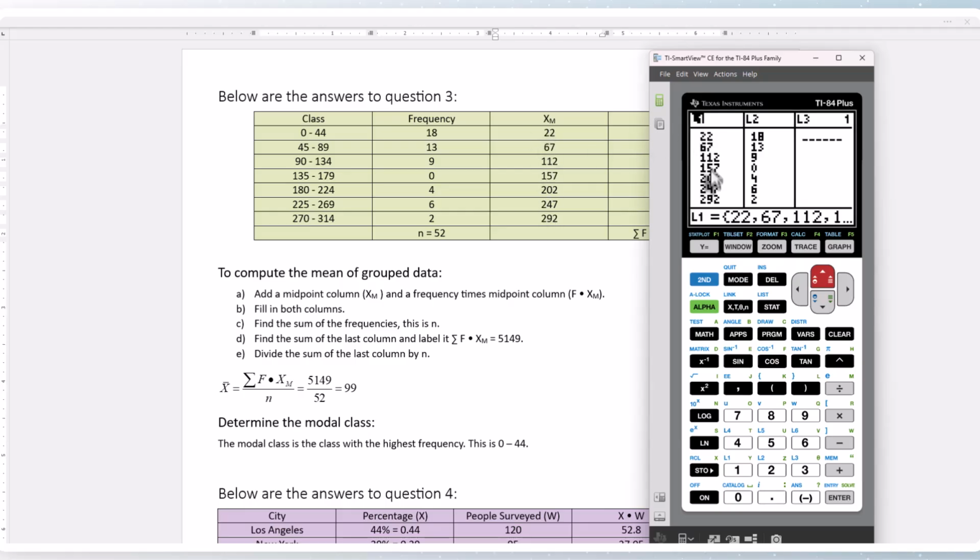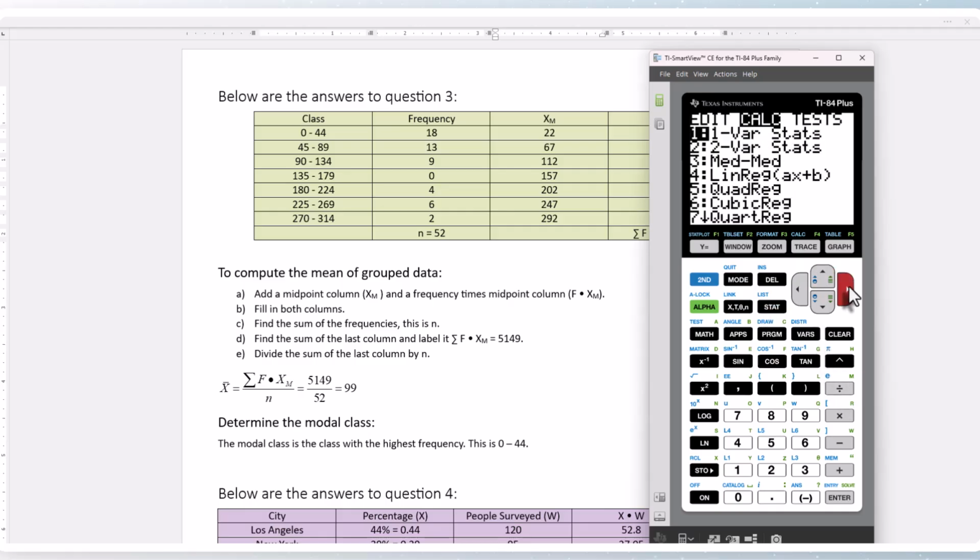So 22, 67, and so on. In L2, we list the frequencies. We press Stat again, select Calculate, make sure to select option 1, one variable statistics, hit Enter. The list should have L1.